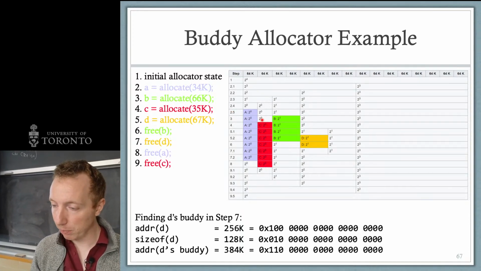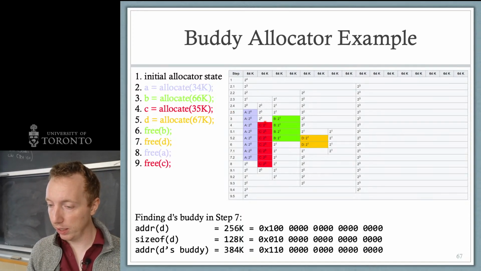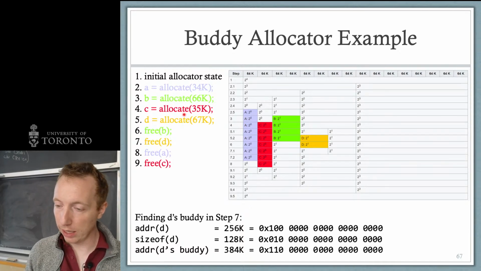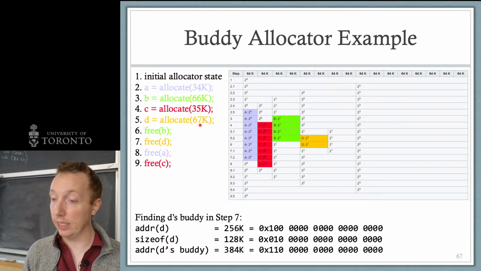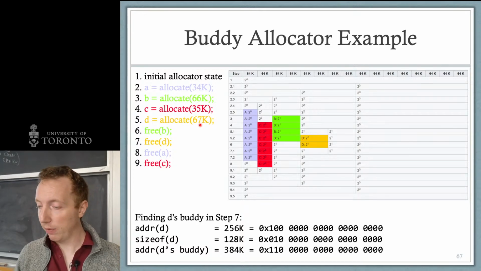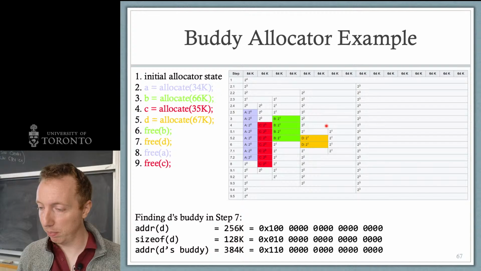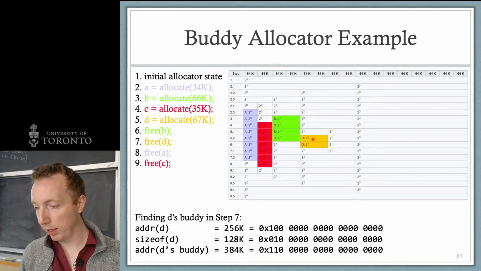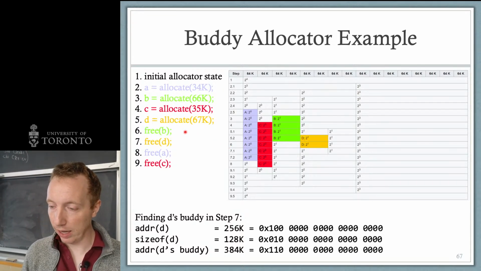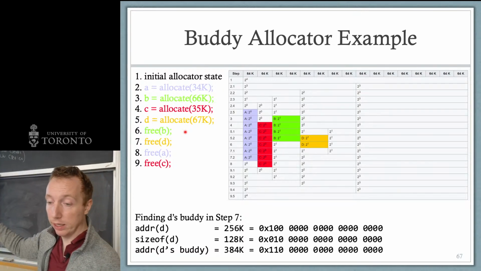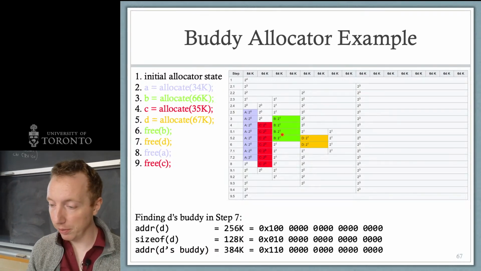One of our blocks already fits, so we would put it there. Then we allocate 67, which we have to round up to 128. So we would have to split this block here, and it fits. And whenever we free this block, it's just free. Its buddy is not free on either side of it.